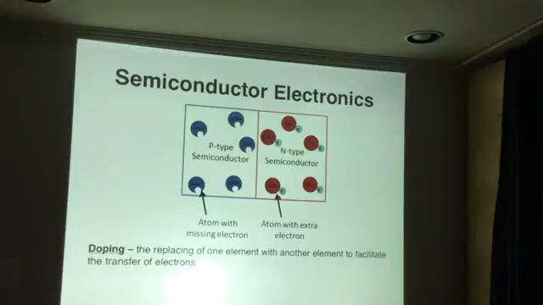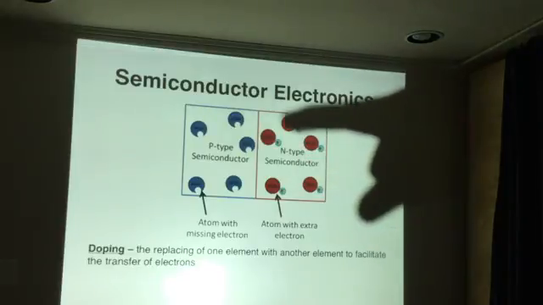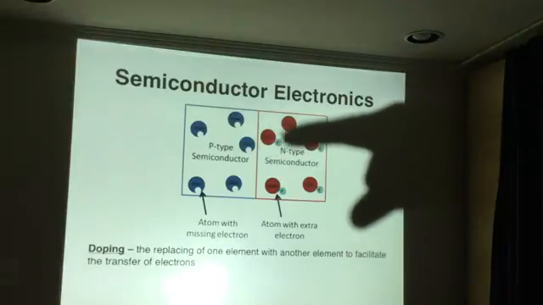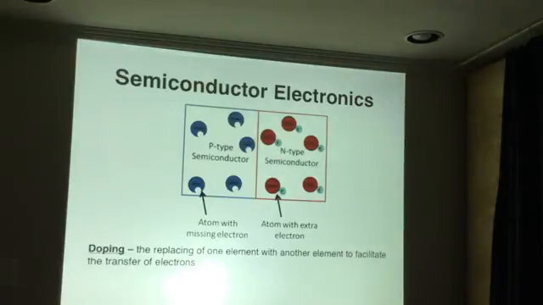In an N semiconductor, you would put an element like phosphorus that has an extra electron. And either of these processes is known as doping, and the purpose of doping is to facilitate the transfer of electrons, either by supplying extra electrons to be transferred or supplying holes where the electrons can be transferred.